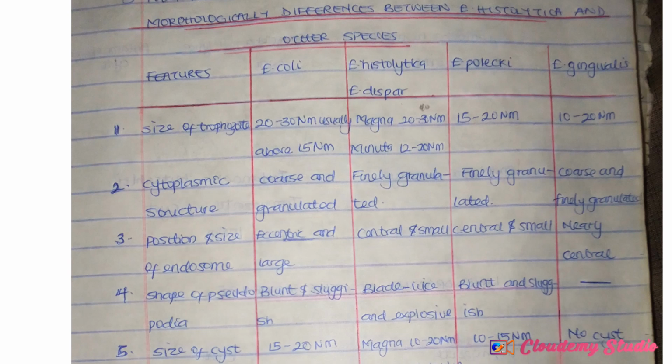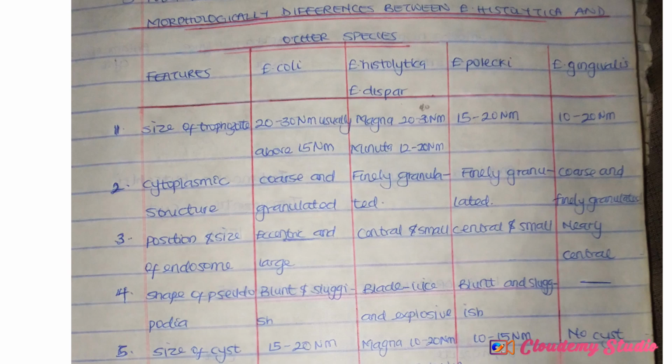And for histolytica and dispar, they have the magna form and the minuta form. The magna means the big form, and the minuta means the small form. Can you see the difference between measurements? And the cytoplasmic structure. The E. coli is coarser and granulated. The histolytica is finely granulated. The polecki is finely granulated, and the gingivalis is coarse and finely granulated.